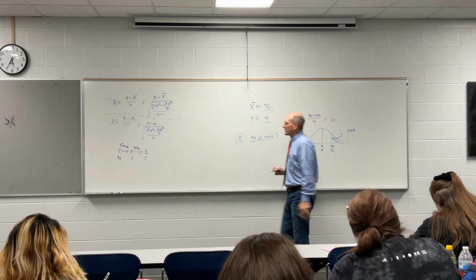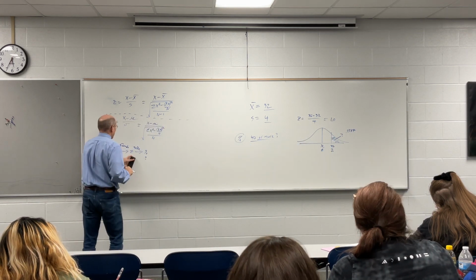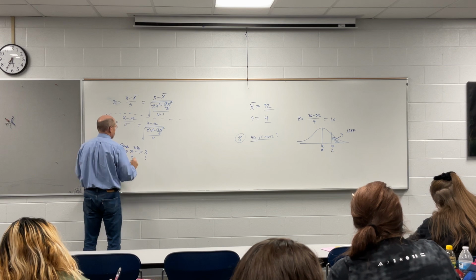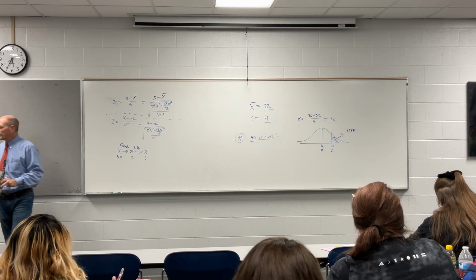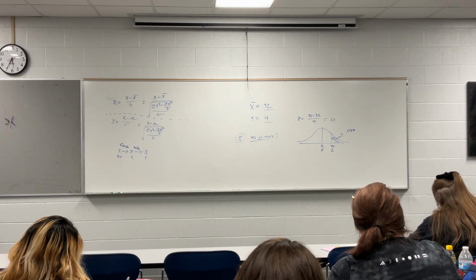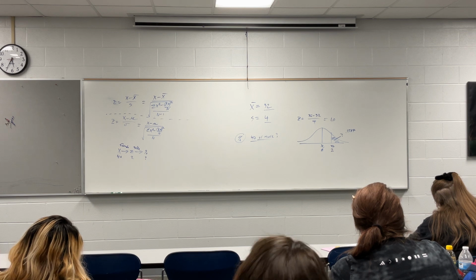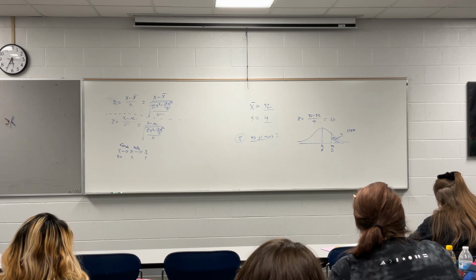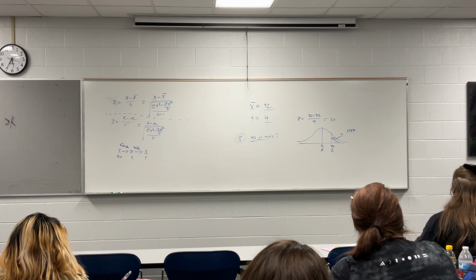So, 2 standard deviations above the mean. In this case you're looking for above 2 standard deviations above the mean, in the C column. Let me try and find it real quick.